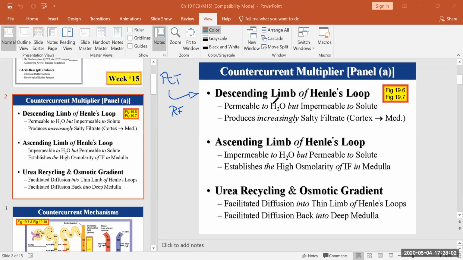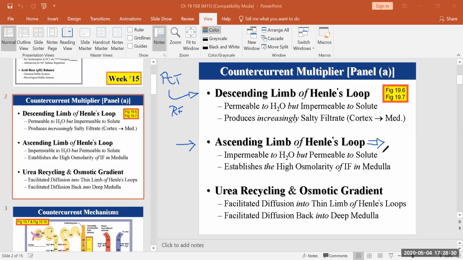And as you go back up in the ascending limb, it is the opposite. Now water is no longer able to leave. Water is stuck inside the ascending limb of the loop of Henle. But what is important at the ascending limb is there's an active transport mechanism requiring energy.